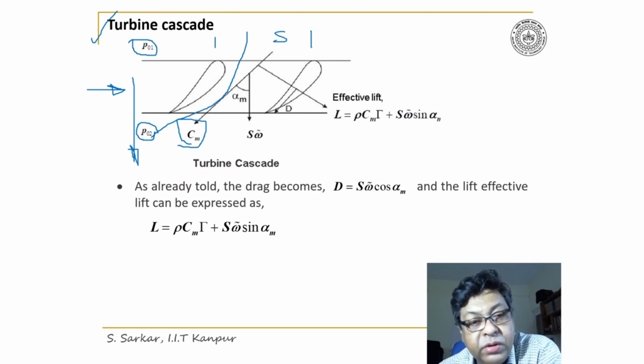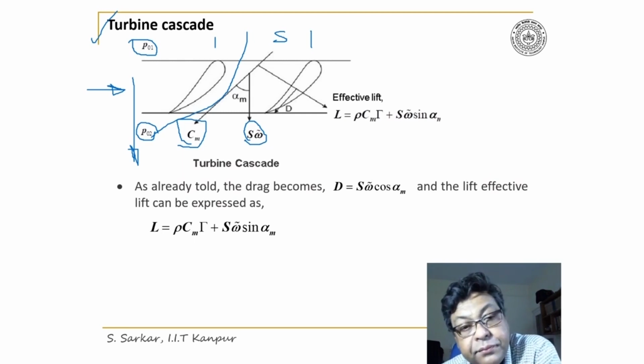So as before, there will be an axial force per unit width of the blade, that is S into omega tilde. It will act vertically down as shown in the picture. Now S into omega tilde will have two components.